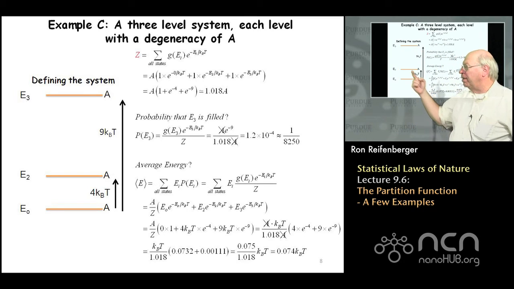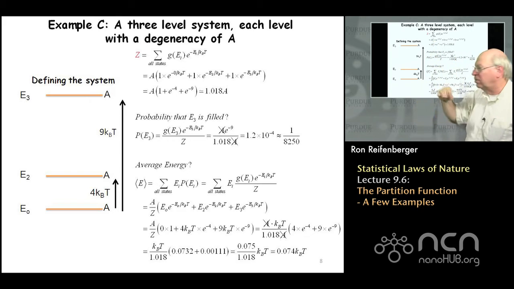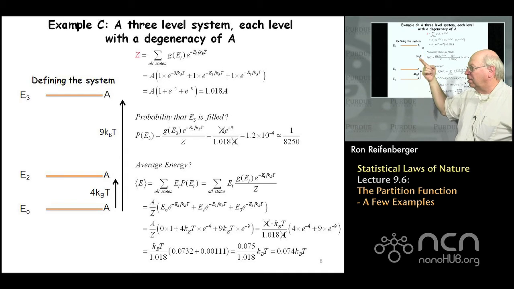So let's do the first problem first. What's the probability that this energy state E2 is filled? By now you should get the picture that all these calculations start by evaluating this partition function Z. In this case, the partition function Z is easy to evaluate analytically because there's only 3 energy states, and the separations between the energy states are cooked up to be integer multiples of kT.